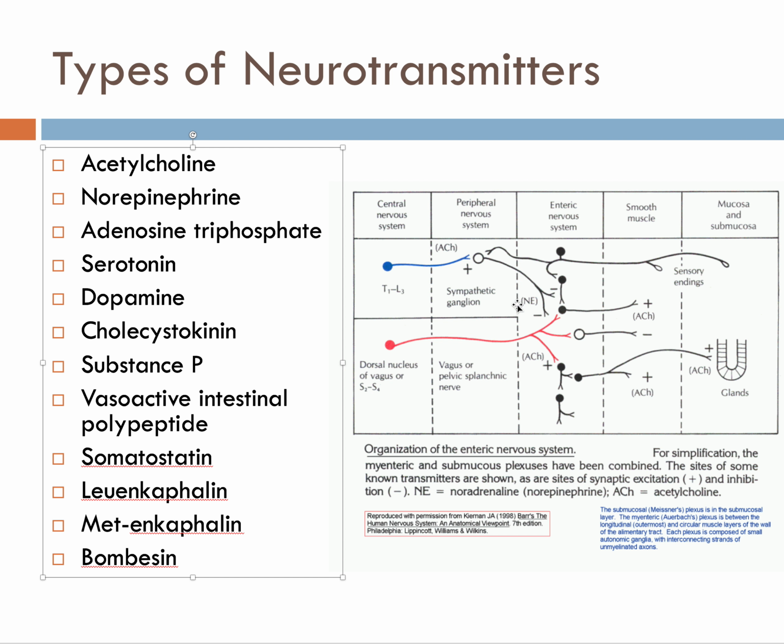So just noticing in the enteric nervous system, the norepinephrine from that system is going to inhibit those areas, especially smooth muscle, mucosa, but we are going to have mainly excitatory acetylcholinergic activity.